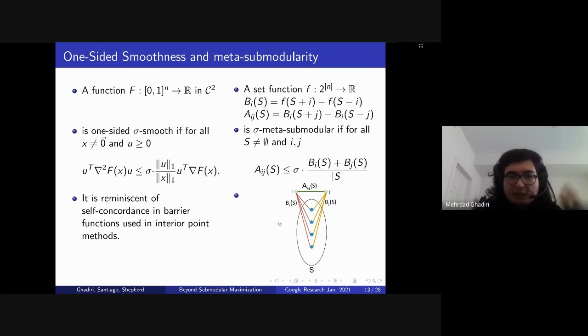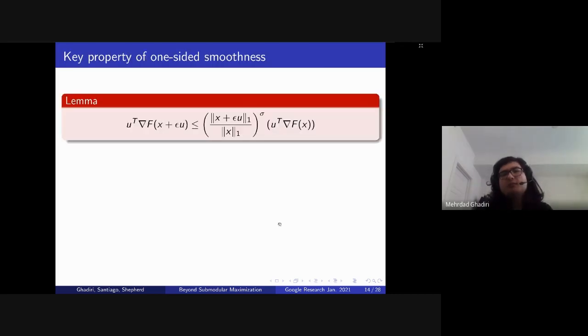So yeah, having these definitions in mind, we go on to see what is nice about these functions that makes them approximable. The key property of one-sided smooth functions that we use in the analysis of our algorithm is this.